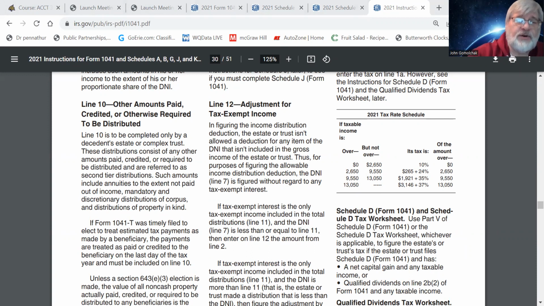So 14,700 minus 13,050 equals 1,650 times 0.37 equals 610.50, plus the 3,146 equals 3,756.50. Okay, stop sharing. Back to the Schedule D.